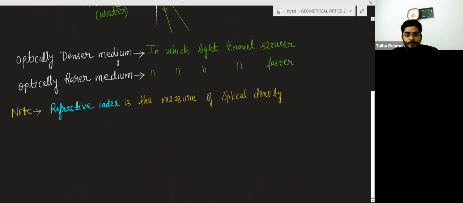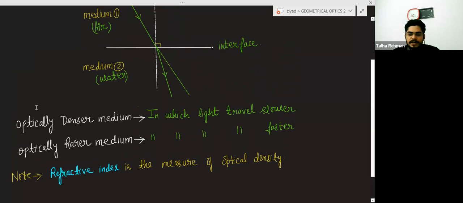Now I have told you, optically denser medium is one in which the light travels relatively slower, and optically rarer medium is one in which the light travels faster. There is a term, optical density. The optical density is just telling us how dense or rare the medium is, and that is given by the refractive index.